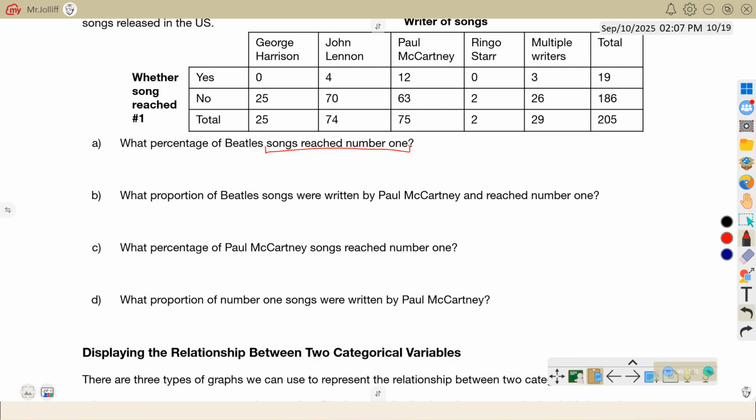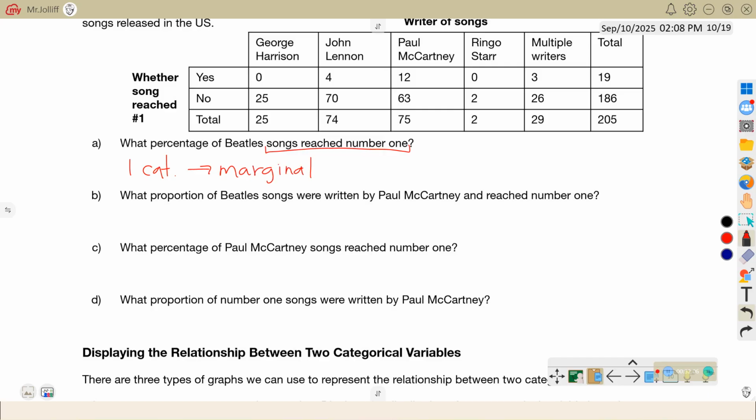Is Beatles songs the category in that table? It's all of our sample. Good. So there's one category. All of the songs are Beatles, so the category is the songs that reach number one. This is a one category question, meaning this is a marginal relative frequency. So one category means marginal.